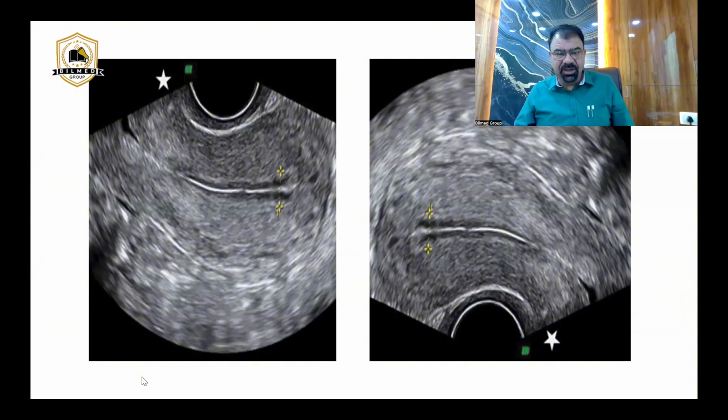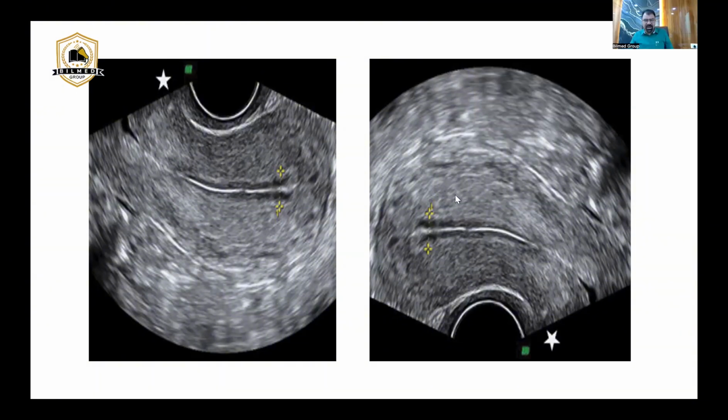We have just discussed what happens if I take an inverted image, a 180-degree flip, where I have flipped the image upside down. Then my anterior is here, my posterior is here, and the superior and inferior also change. So it depends whether you have flipped the image upside down or kept it this way only.